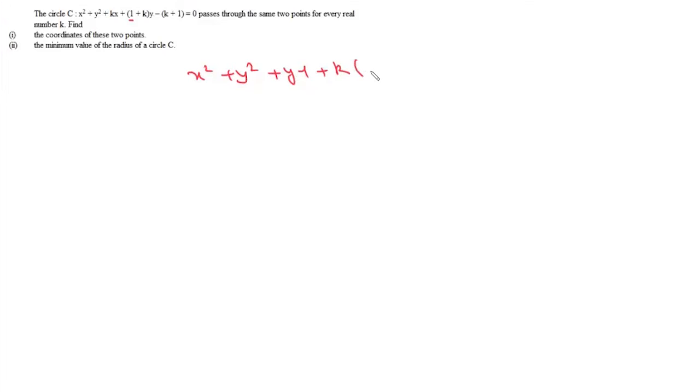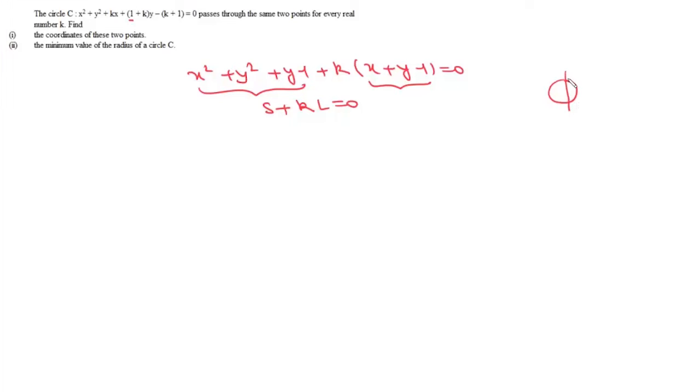So it will be k into (x plus y minus 1) equals 0. Basically this equation is S plus kL equals 0, where S is this circle and L is this line. This is the equation of the family of all circles which pass through the intersection of this circle and this line.